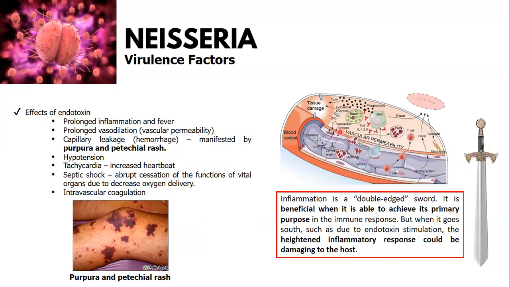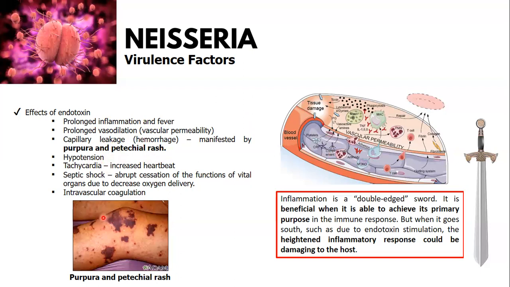And when there is vasodilation, there would be capillary leakage, meaning components of the blood vessel like plasma and blood cells would leak out from the blood vessel to the tissue. And during heightened immune response, this continued capillary leakage would result in purpura and petechial rash.